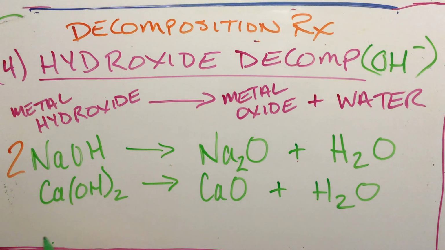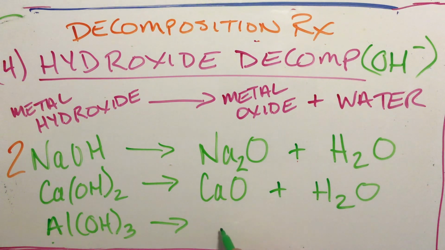And I'll squeeze in one more here just because I got a little bit of room. Aluminum hydroxide will break down into my metal, which is aluminum, and oxide. When I put those two together, that's a 3, it goes here, that's a 2, it goes there. And water.